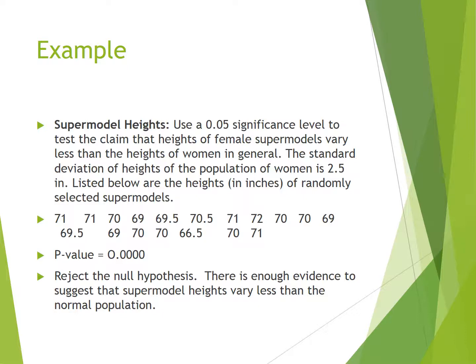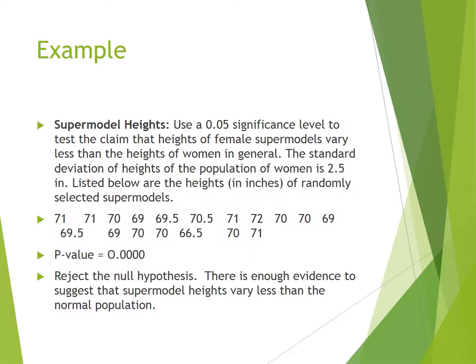And so the hypothesis is that there is less variability among supermodel heights than there is in the heights of women in general. So they took a sample of these supermodels' heights, and so put them into a column, and then go to stat, basic stat, 1 variance.